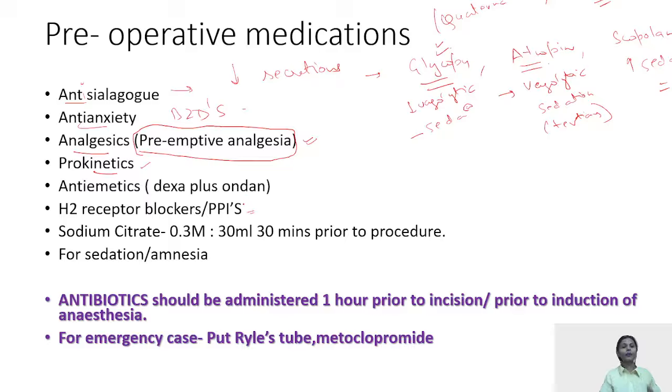Some doctors still prefer to give sodium citrate, 0.3 molar, 30 ml, 30 minutes prior to the procedure, and this is exceptionally obsolete now. For sedation and amnesia, the patient can be given benzodiazepines like midazolam, diazepam, or lorazepam.